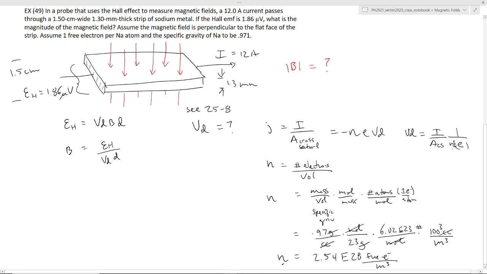If we put those ingredients together, that'll be 12 amps divided by the cross-sectional area, 0.015 meters times 0.0013, times our 2.54 times 10 to the 28th.